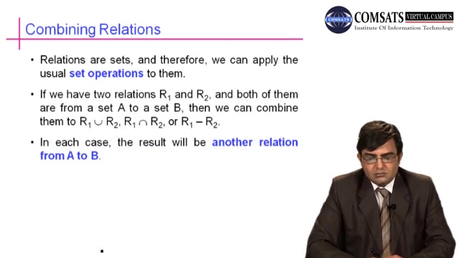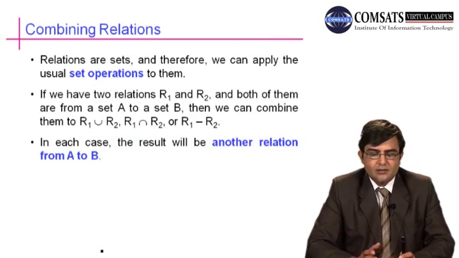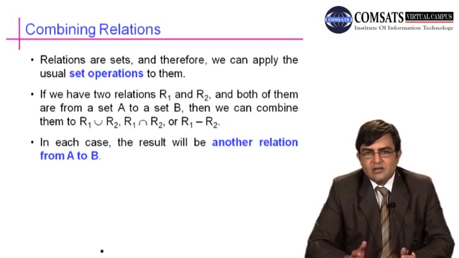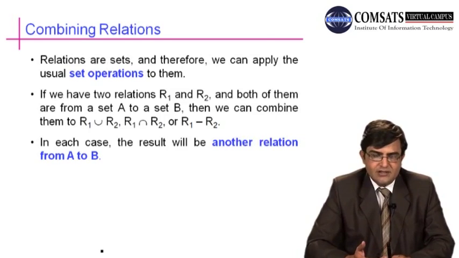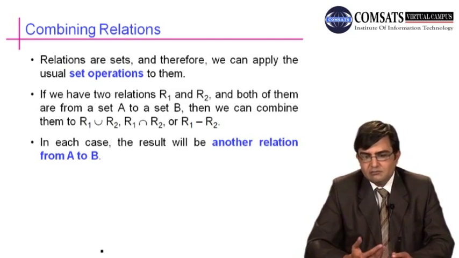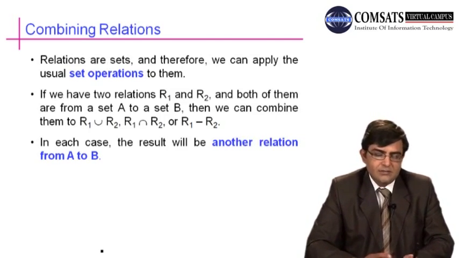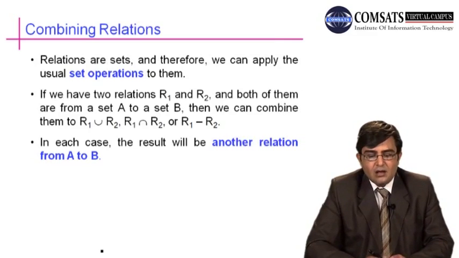If these are sets, then we must apply set operations on them, because there are no other operations we can apply on sets. We can take the union of two sets, the intersection of two sets, or subtract a set from some other set. These are all operations which we can perform on sets.